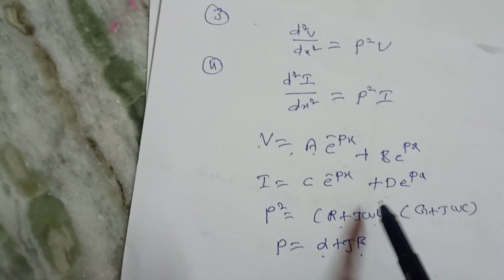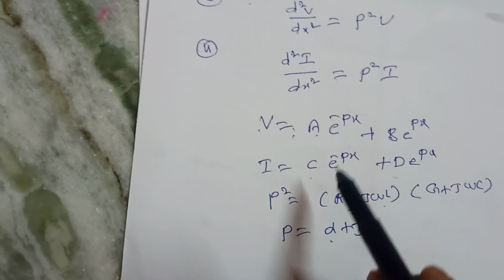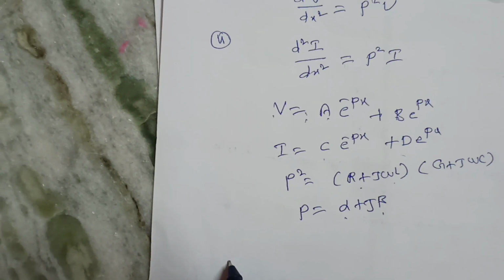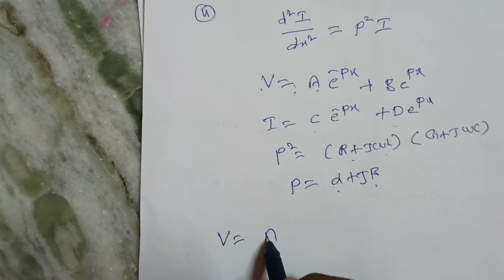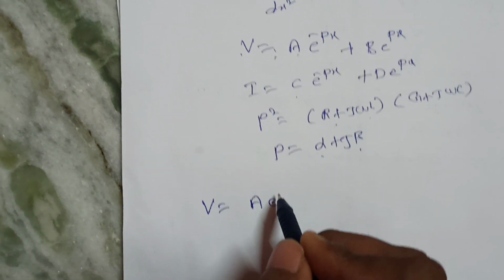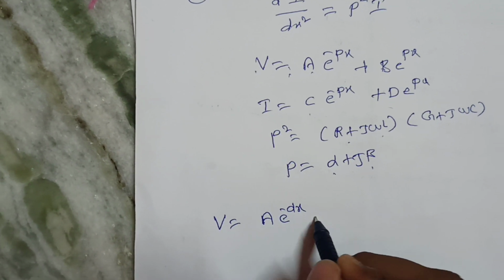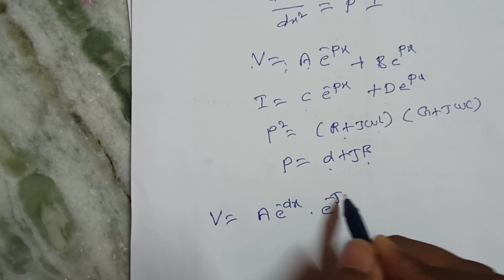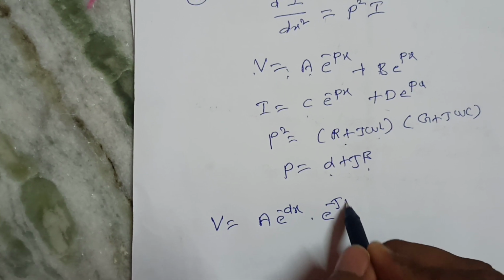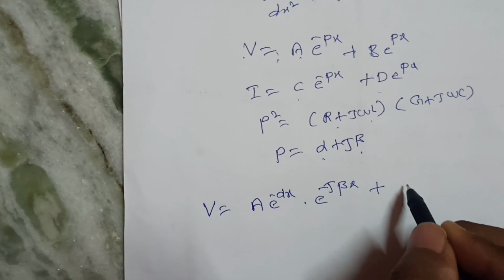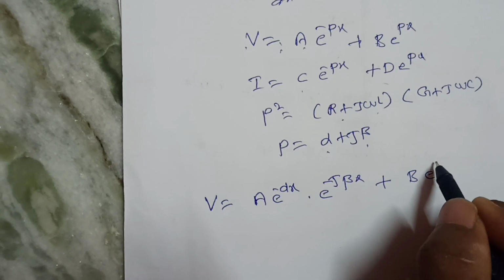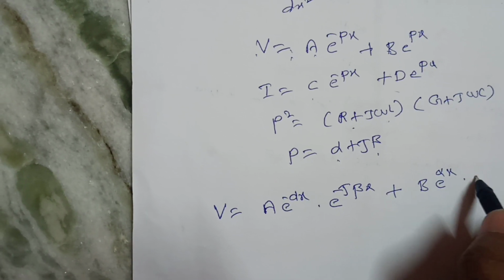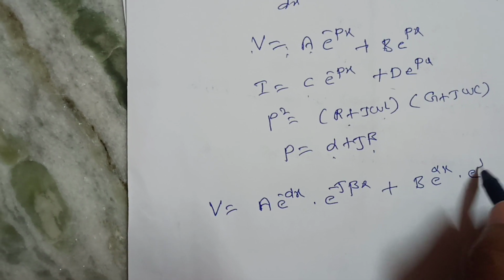Then the voltage and current equations can be written as v is equal to a into exponential minus alpha x into exponential minus j beta x plus b into exponential alpha x into exponential j beta x.